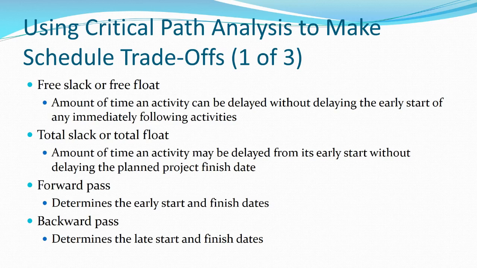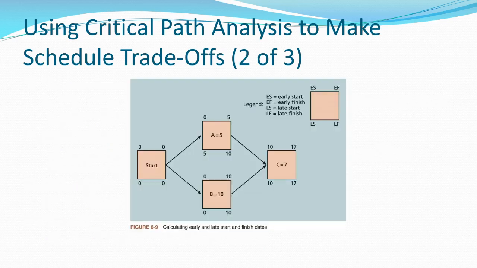We can calculate the critical path and the total amount of slack or float in each task by doing the forward pass, backward pass methodology. Now, there is a great illustration of this, and I'm not glossing over it, other than to say that we're going to cover the critical path analysis in the next lesson on its own.